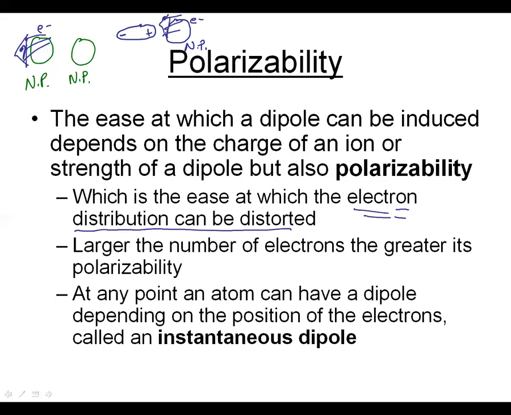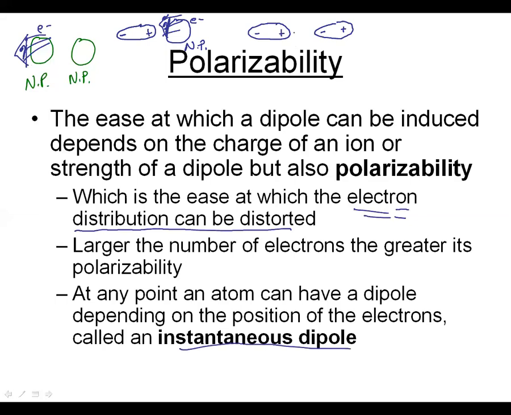The second nonpolar molecule, which also normally does not have a charge, will also gain a temporary charge. Now these two molecules that started out without any charge because they're nonpolar gain what is referred to as an instantaneous dipole.